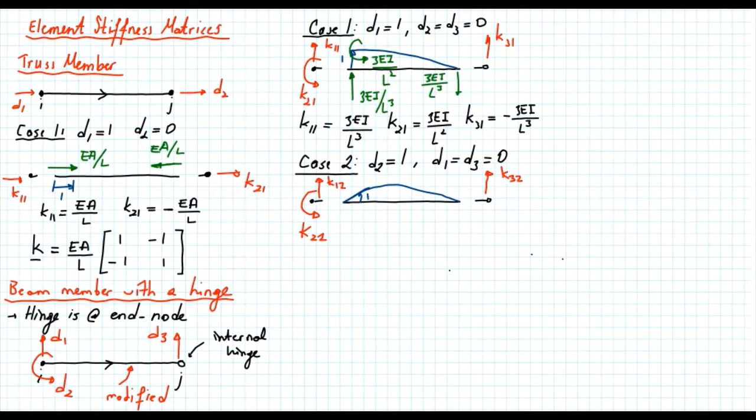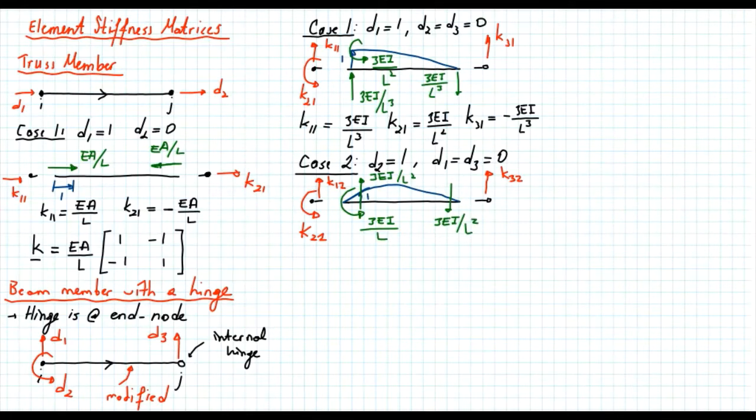Now the moments, this moment will be equal to 3EI over L. At the far end, I don't have any moment. The shear forces, this is 3EI over L squared, and shear force will be in the opposite direction, 3EI over L squared.